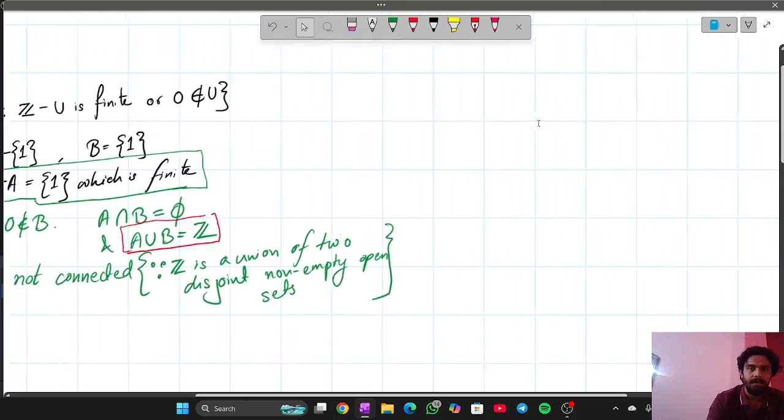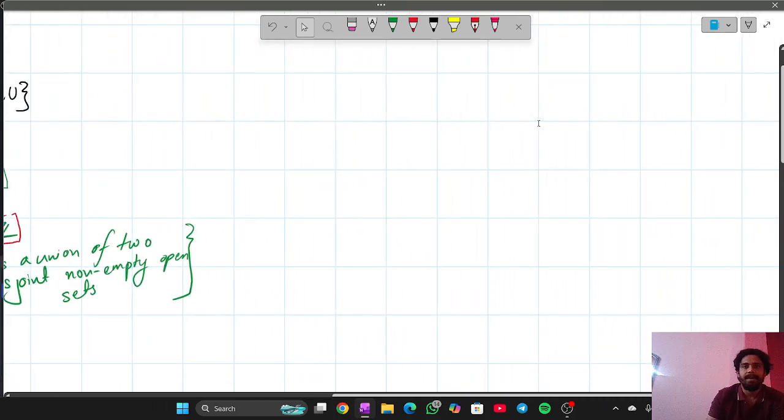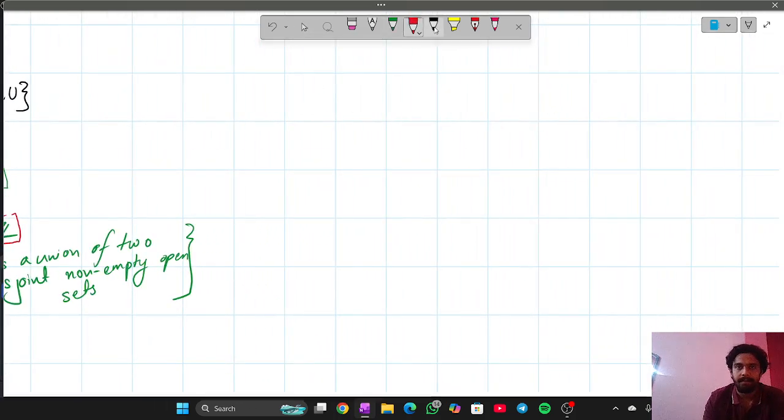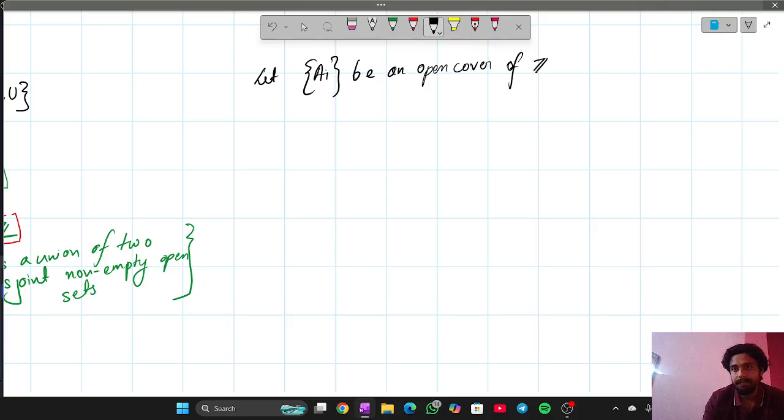Let me go to the right side and write down about the compactness. Let A_i be an open cover of integers.